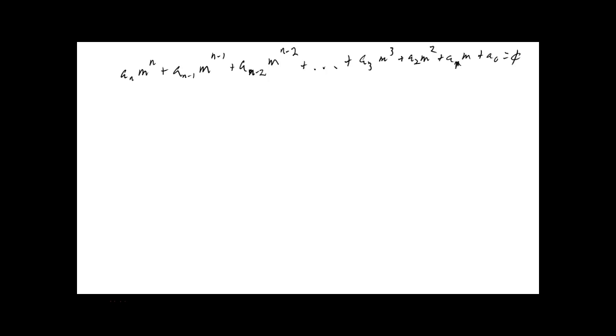You may also have some of these, and as long as those are real coefficients, if you have any complex roots, of course, all real numbers are complex numbers, but I mean complex numbers with i's in them, they always show up in conjugate pairs. So then you'll have an even number of those. And those conjugate pairs, you know how to handle those.